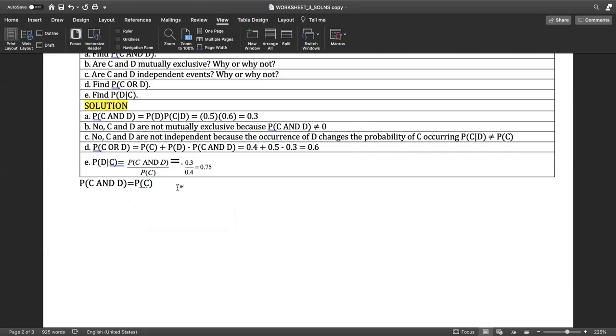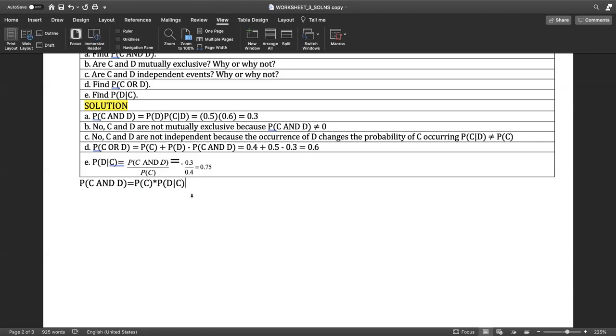Now, that means that we're going to condition on C. So we'll take the probability of, now, instead of C given D, D given C. So here we have two expressions for the probability of C and D. We either condition on D and multiply by the probability of D, or we condition on C and multiply by the probability of D given C.